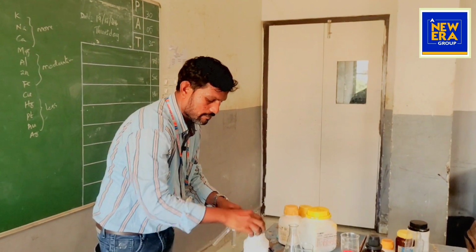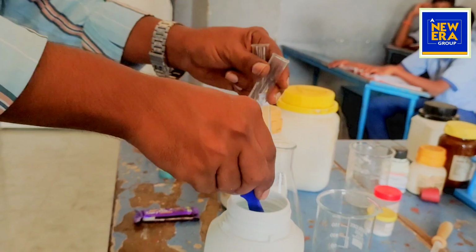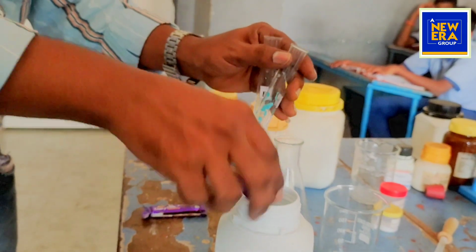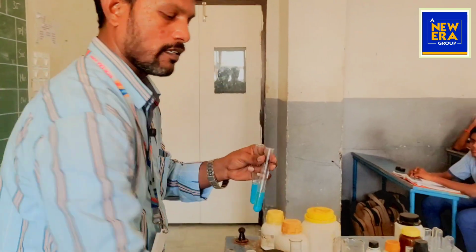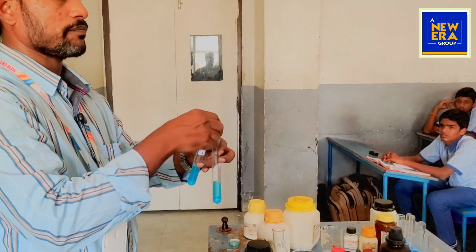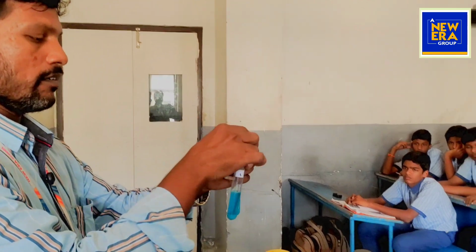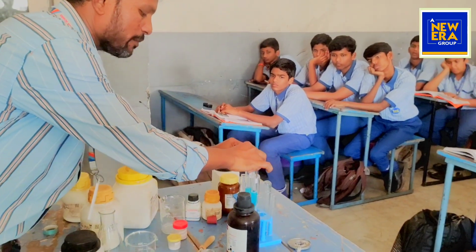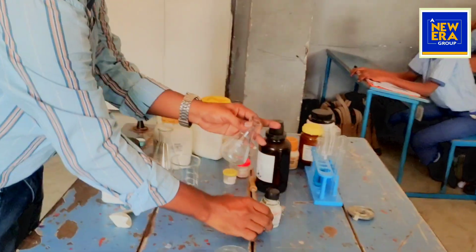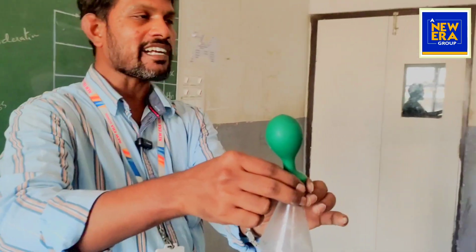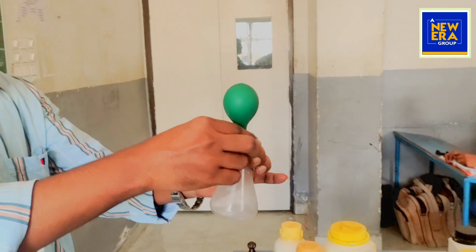Copper sulfate solution. Take one iron nail dipped in test tube A, okay? Keep it undisturbed for 20 minutes. Hydrogen gas is released when zinc granules react with acid.